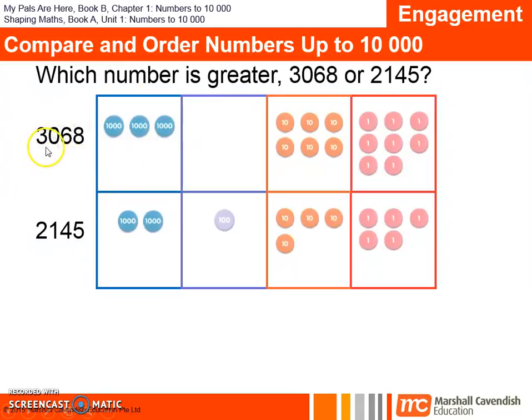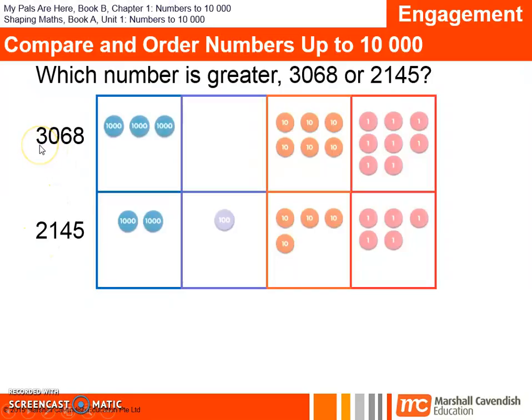If you look at the place value in the thousands place, you compare the place value at 3068. So you look at the thousands place, which is 3000. If you look at the number 2145, you look at the thousands place value, you will see that it is the digit 2.